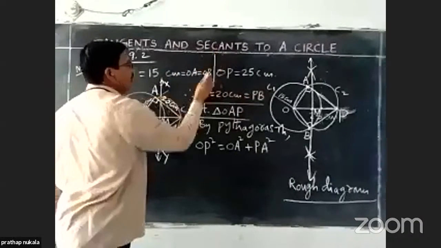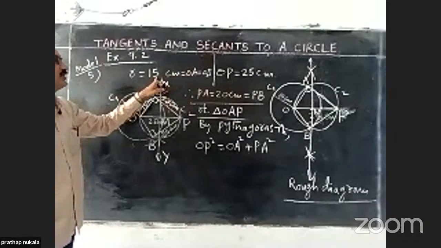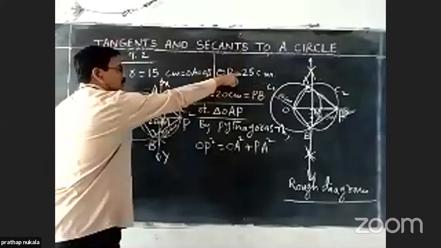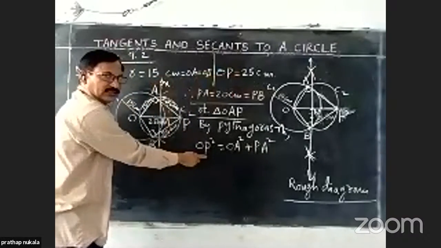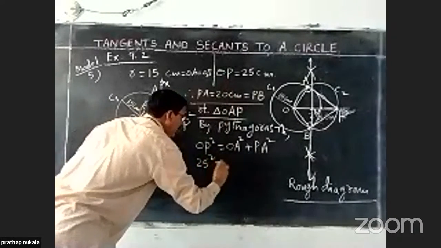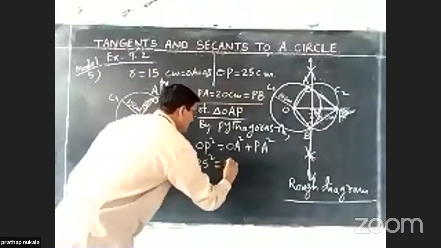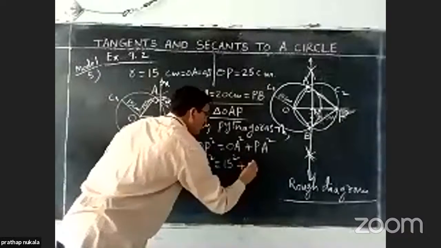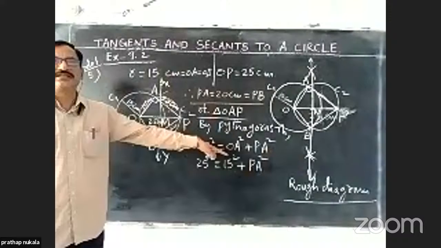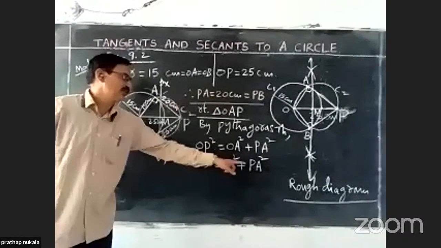OP equals 25 centimeters, OA equals 15 centimeters, the radius. Substituting these values: 25 square plus 15 square plus PA square. Now we have to find the length of the tangent PA, that is the variable here. These two are constants, this is the variable to find.